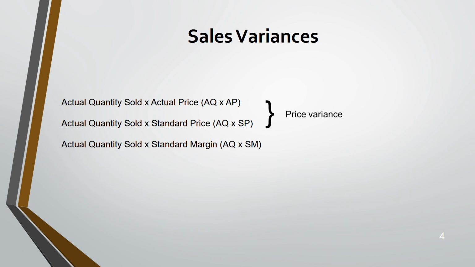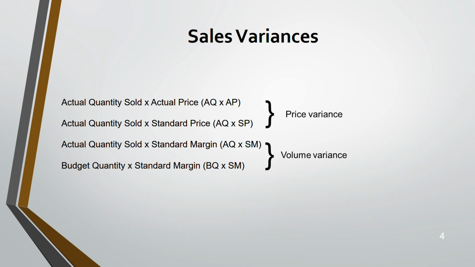Now, the next two. Actual quantity sold into standard margin, budget quantity into standard margin. What are we doing here? Here the margins are the same, but we are changing the quantity. Together this makes volume variance.